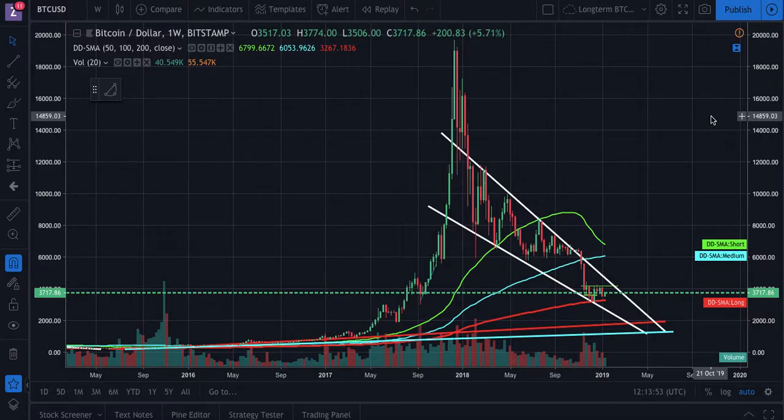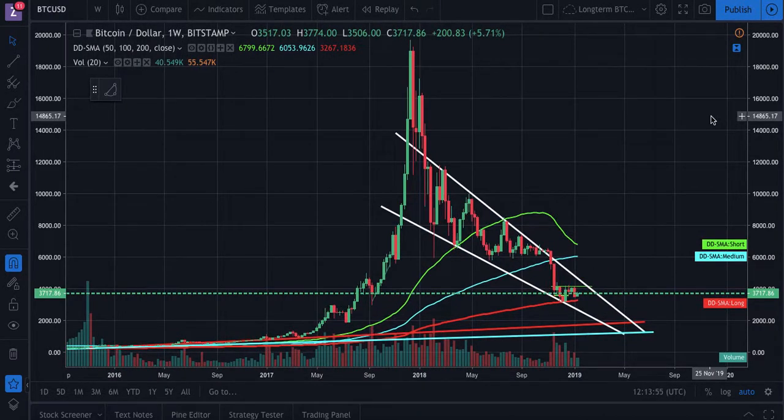Alright, so what do we have here? Well, first of all, before we get into how to recognize when the bull market is starting and when the bear market is ending, we have to look at the history, and I'm going to explain a little bit what's going on right now. I'm going to tell you why I've got the bottom here.